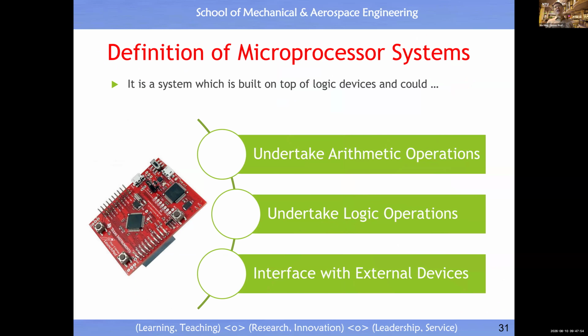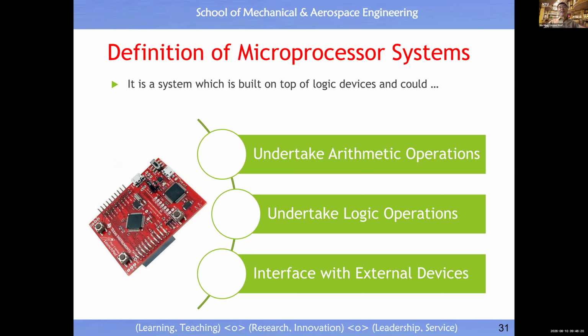Just now I mentioned, if you leverage the terminology that you are familiar with, which is energy flow, material flow, signal flow, then you can define a microprocessor system with data flow. A microprocessor system is, you can say, a device which allows us to generate, create, and control data flow.